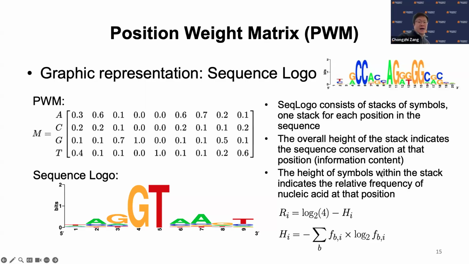And the relative height of each of the 4 nucleotides within the stack indicates the relative frequency of the nucleotide in that position. The entire information content is measured by this formula.